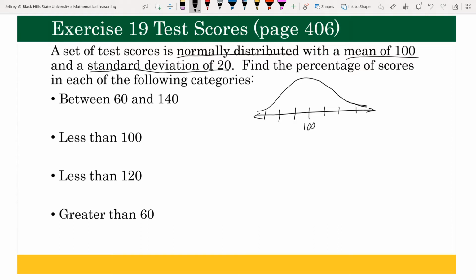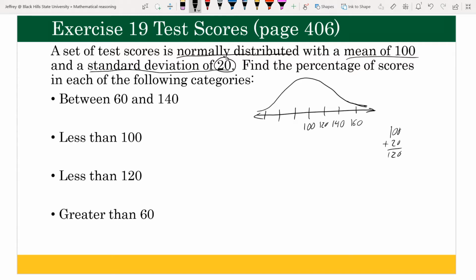Now again, we're going by a distance of 1 standard deviation for each tick mark. 1 standard deviation is 20. So if we were to take 100 plus 20, that would give us 120. So in other words, every time we go 1 tick mark to the right, we're just adding 20 to the previous number. So we have 120, we have 140, and then 160.